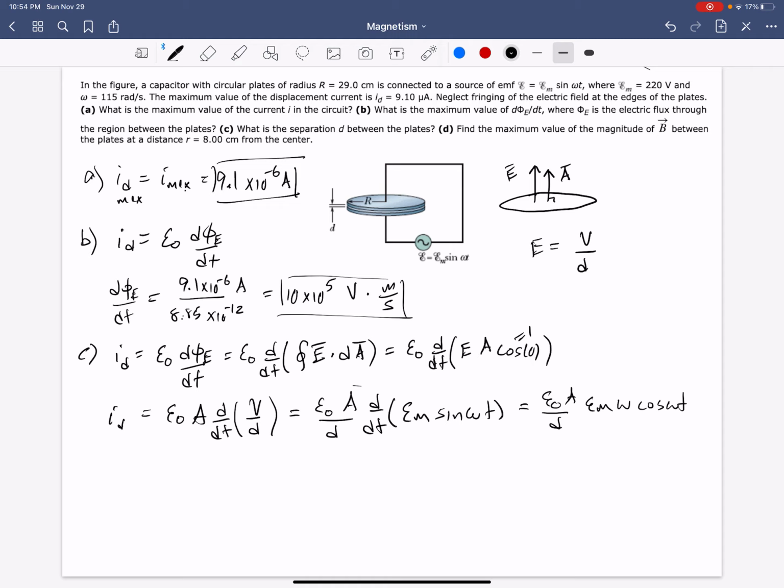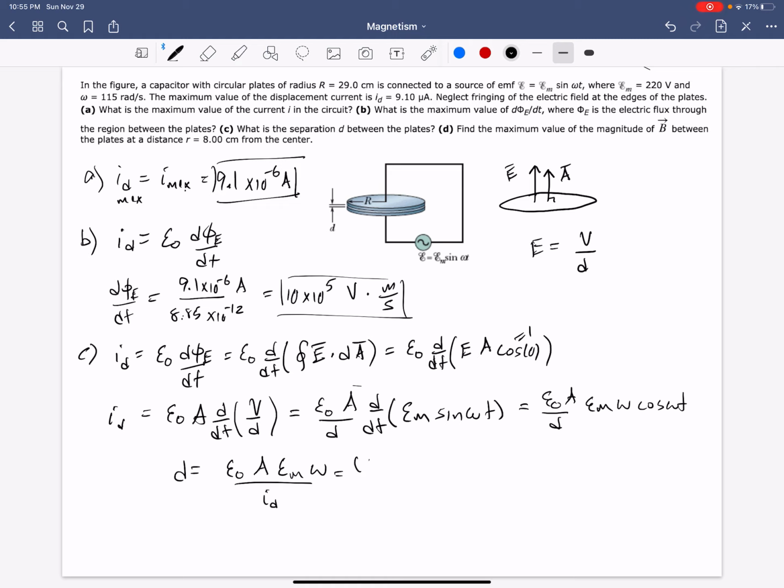Solving this expression for D, we get D equals epsilon naught times A times epsilon max times omega, divided by the displacement current.